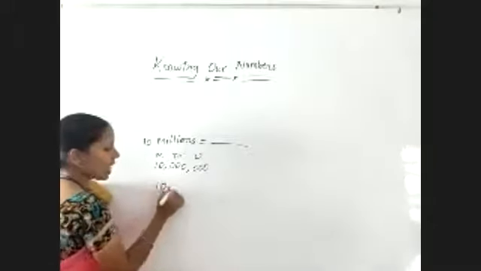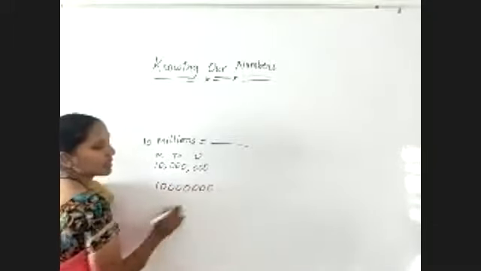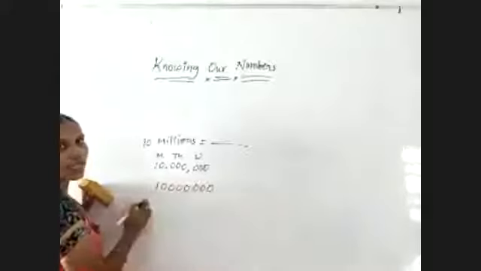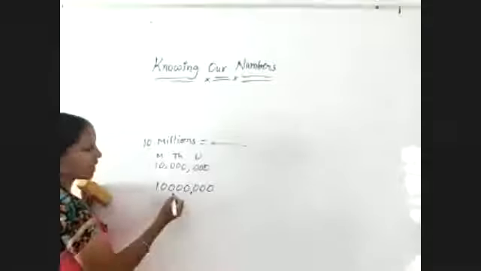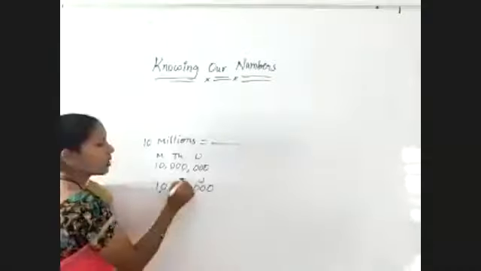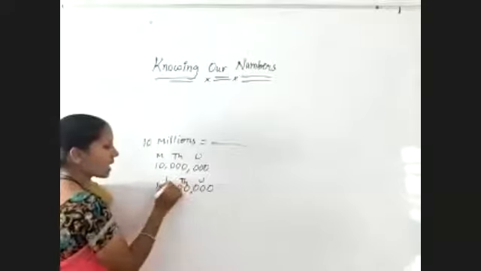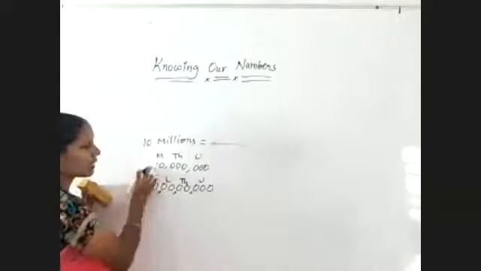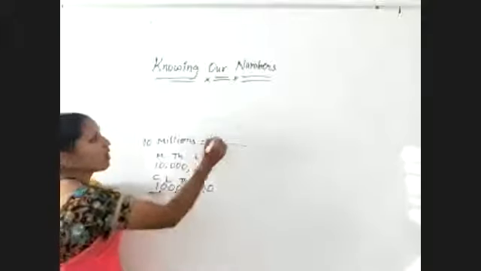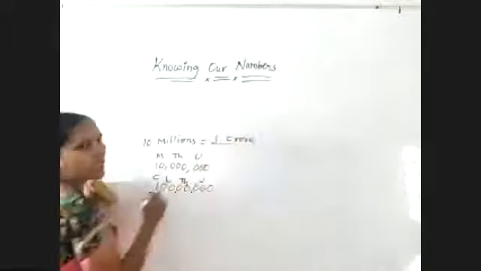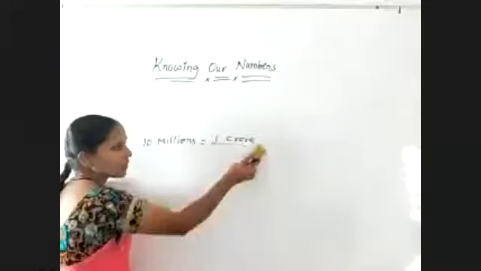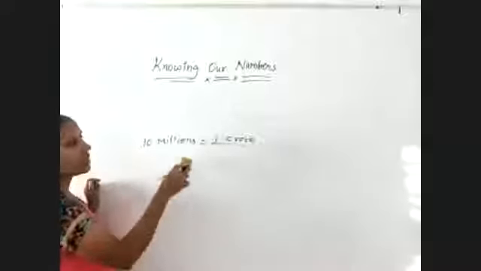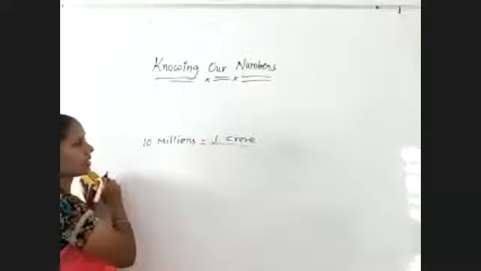So I am writing all the digits first, and converting into the Indian place value system. 3 zeros. Next 2 digits. Next digits. Units, thousands, lakhs, crores. So 10 million is equal to 1 crore. In this way we are going to perform. If they did not mention place value, then you can write the number and its relation. 10 million is equal to 1 crore.